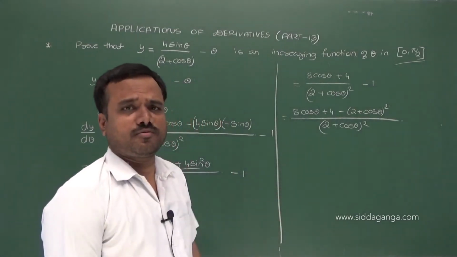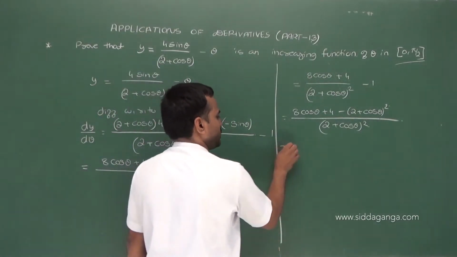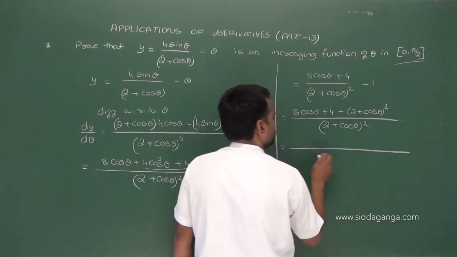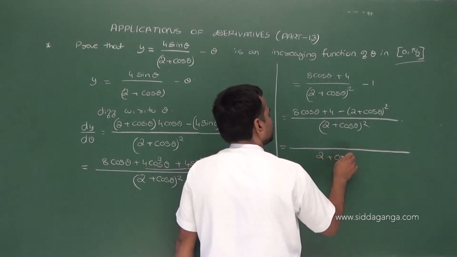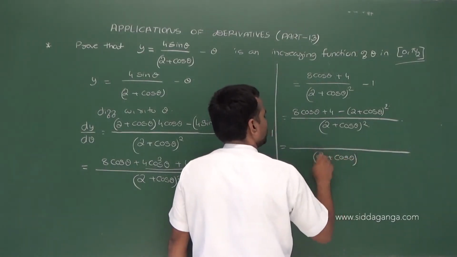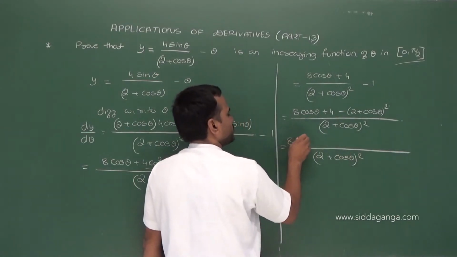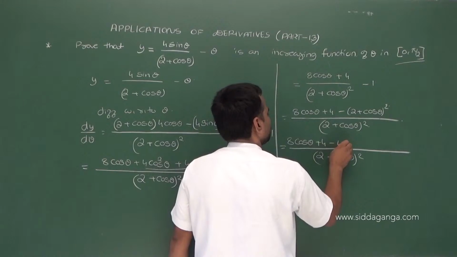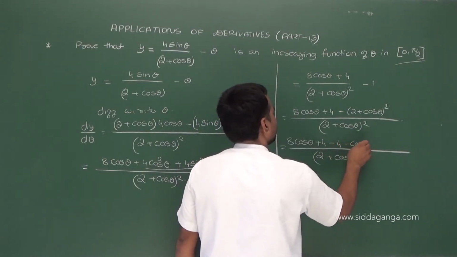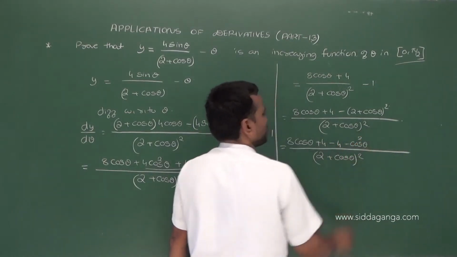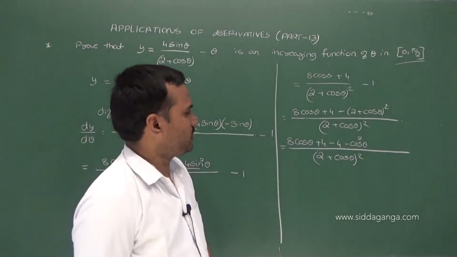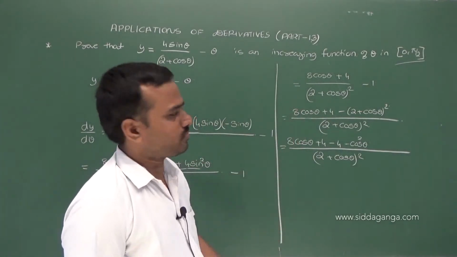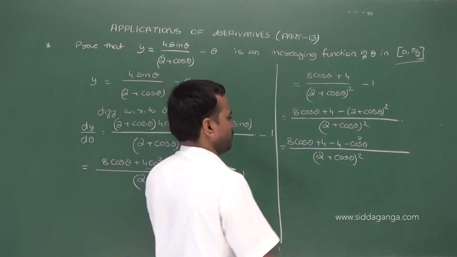It is in the form of a plus b whole square. That is equal to 2 plus cos theta whole square, 8 cos theta plus 4 minus, a square plus b square plus 2ab. A square is 2 square. B square is cos square theta.